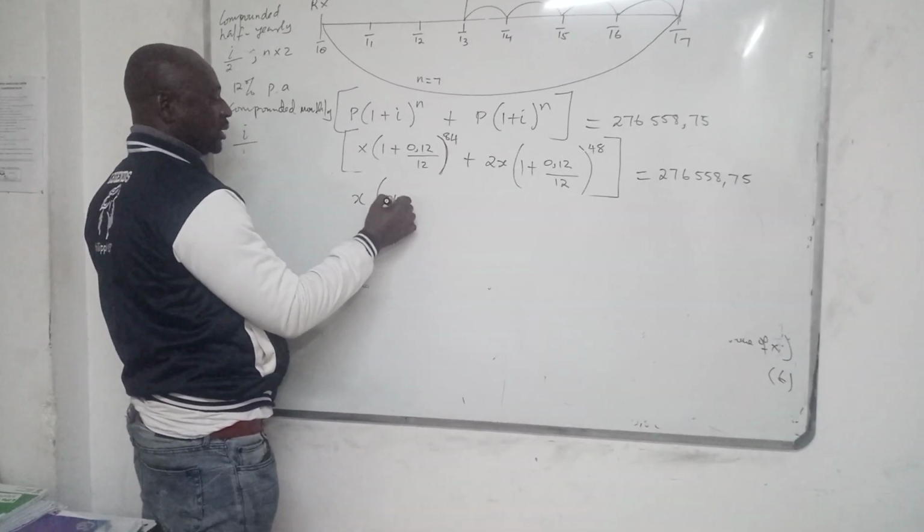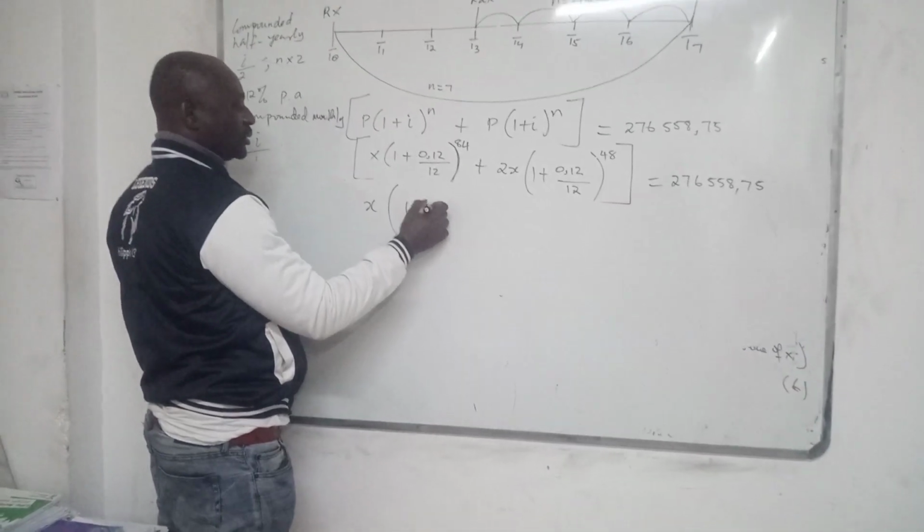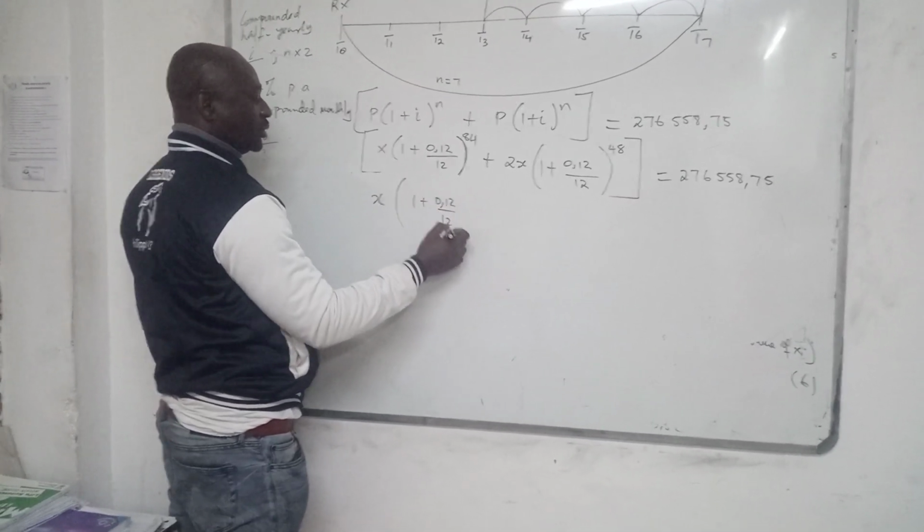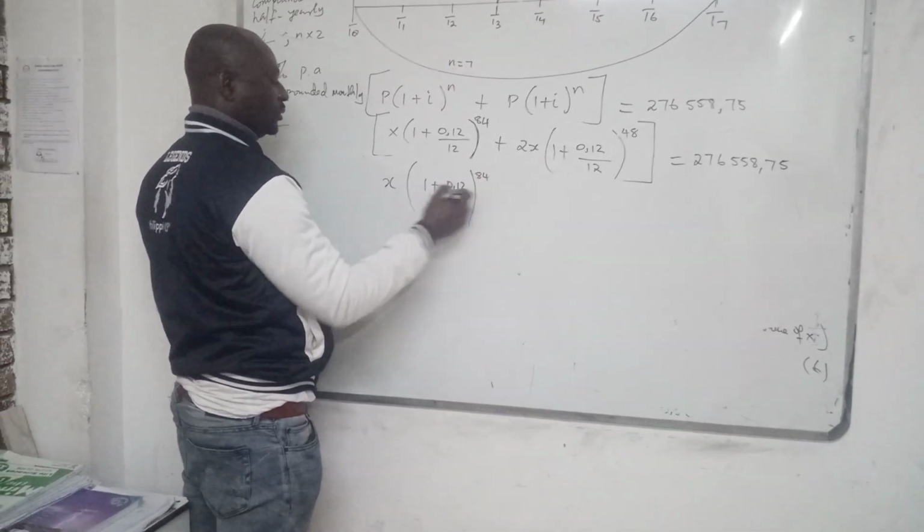If I open a bracket and I factorize x out, what will be left? I'll be left with 1 plus 0.12 over 12 to the power 84.